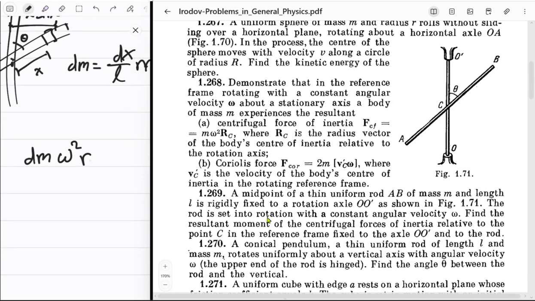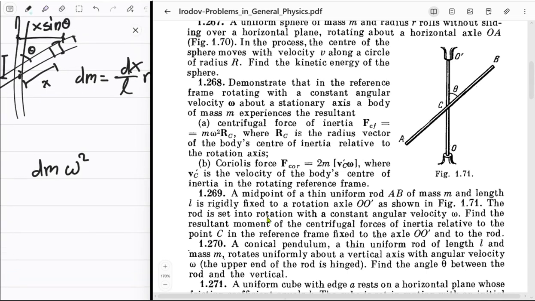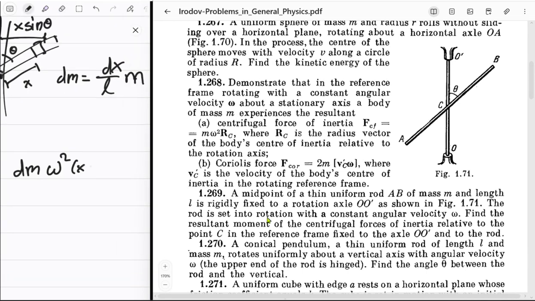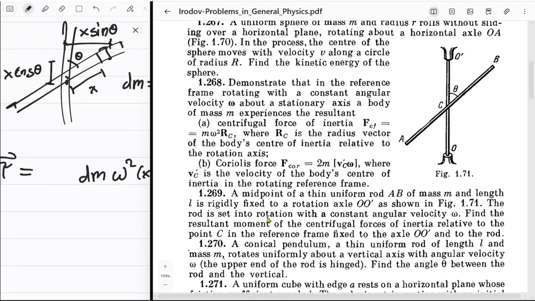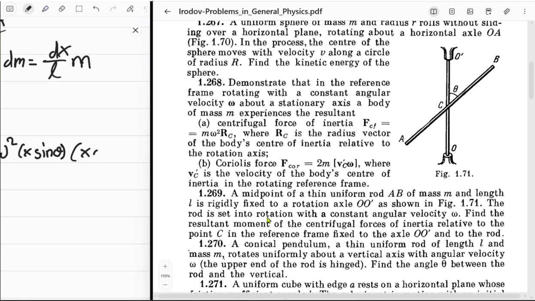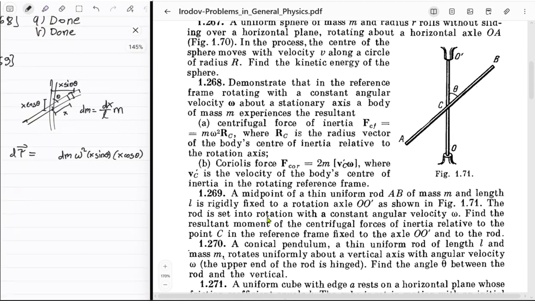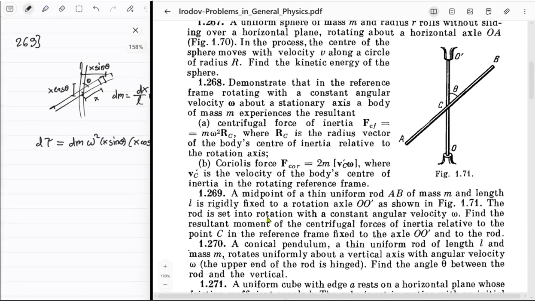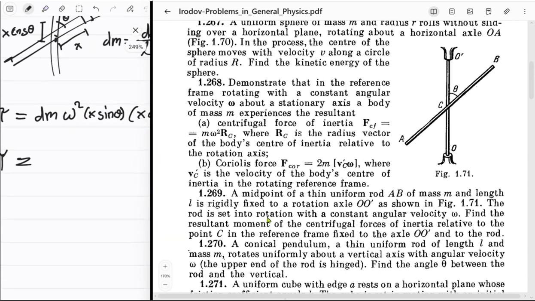So this times y, so you can just do this thing. r is just x sine theta, and then y is x cosine theta, and there you go. That's your d tau. Not a vector, just think of it as a scalar for now. Okay, now you know what d tau is, and just integrate this guy to get the actual tau.